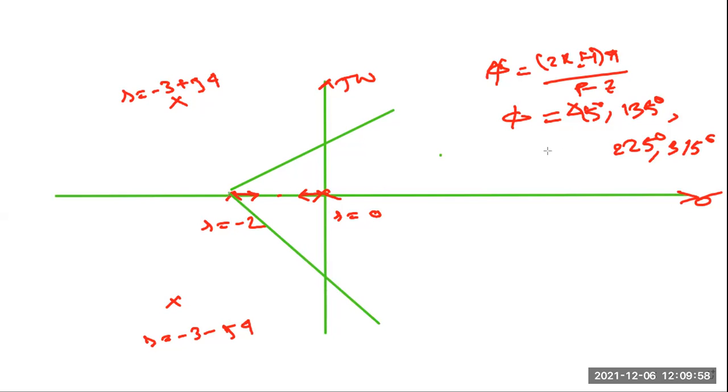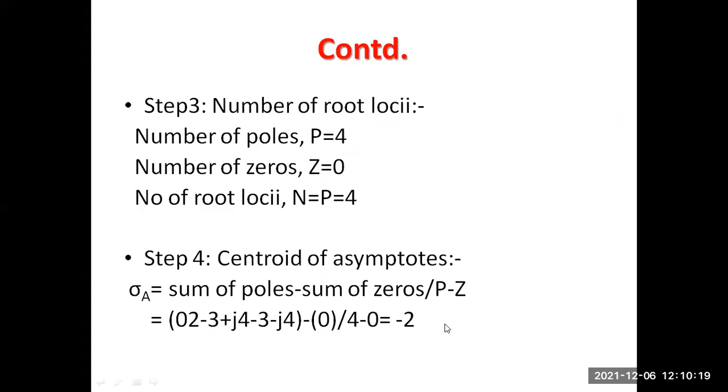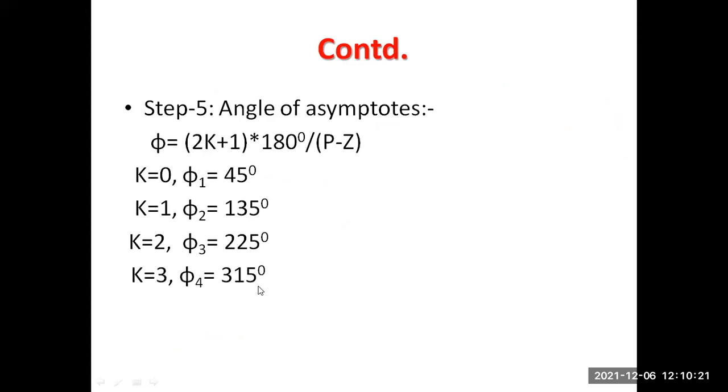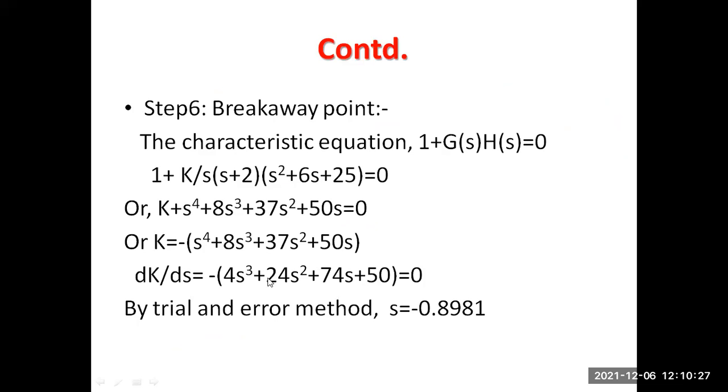So these are your asymptotes, at 45 degrees and another 45 degrees below. So the asymptote center is -2, and these are your asymptotic angles: 45, 135, 225 and 315 degrees. Correct.